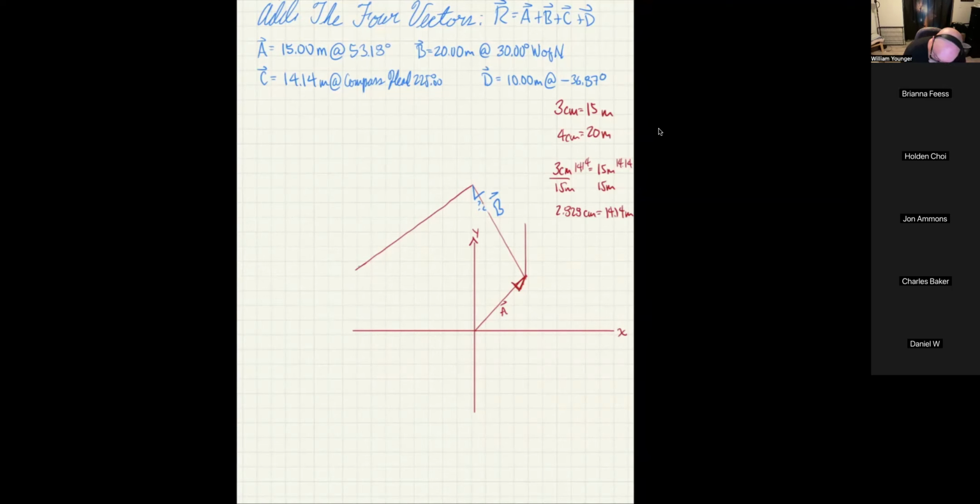So 2.82, this is not going to be easy to do, but I can do it. And I'm looking at 2.5, I'm looking at 3. Let's do 2. I think that's about 2.82. Now I'm trying to do this as precisely as I can, but you can see I'm not being very successful at it.